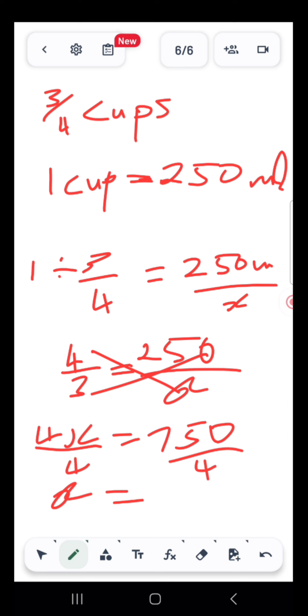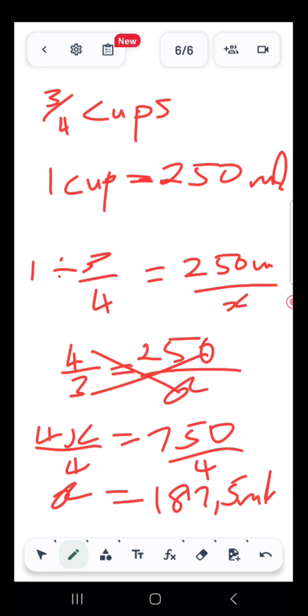I know maths teachers don't like when we use X, so you can use B or whatever. That will be 187.5 milliliters.